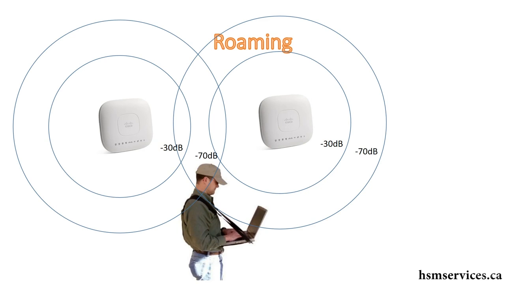So he's okay, but we need to make sure that the overlap between the two access points is high enough that he doesn't experience a disruption in his connection. On a laptop, he's okay, but on a phone, he may experience a dropped call, and that will be very frustrating.